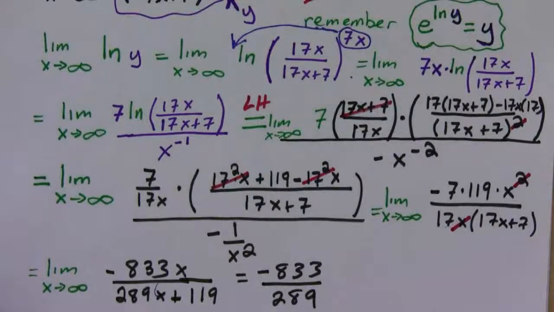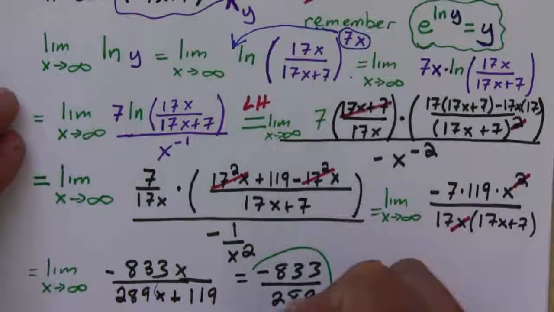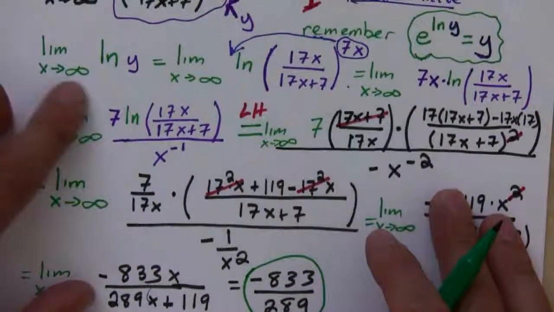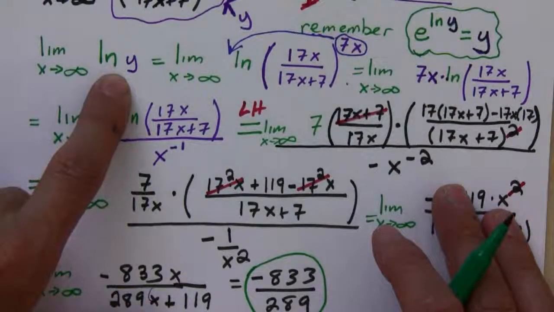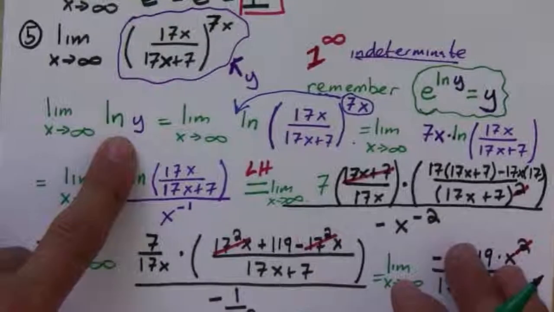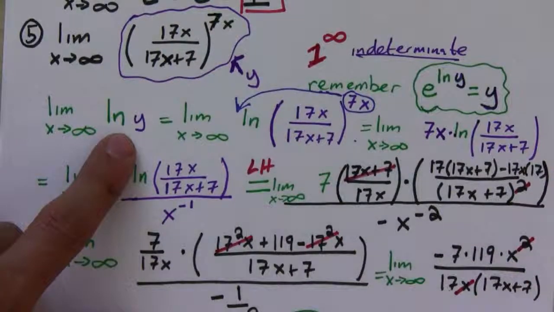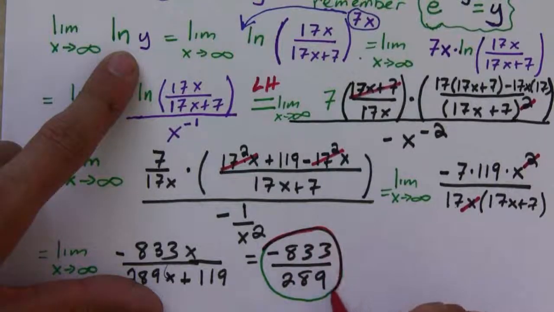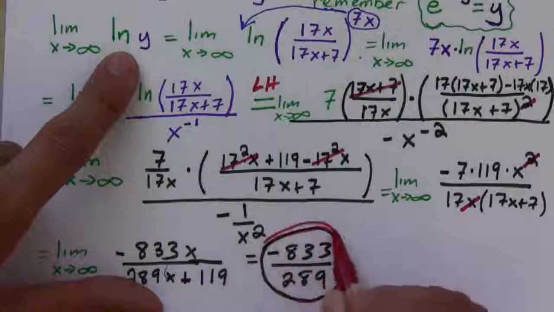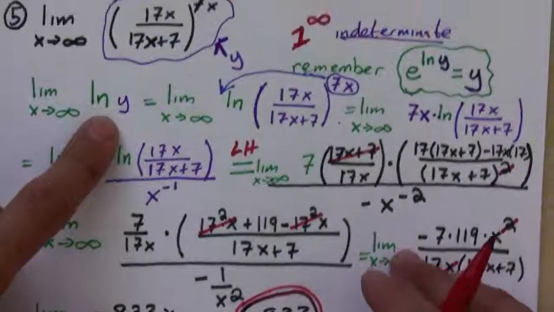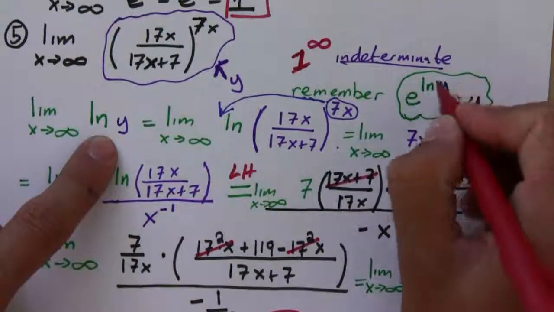Okay. Now this guy, though, remember, this isn't really the answer to the question that I had. This is, if you go back, the limit as x goes to infinity of natural log of y. So if you remember, what we just found, what we have right here in our red little box, is this guy right here.